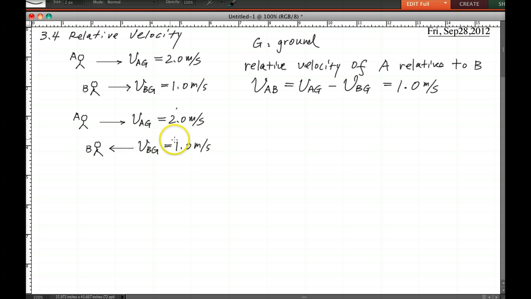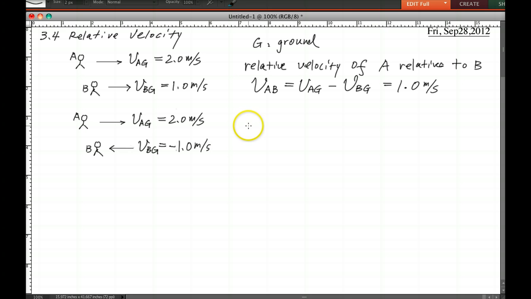Since the two objects are moving in opposite directions, and VAG is 2.0, do you have to change something in VBG? You have to make it negative, otherwise you can't describe the situation accurately. Now we can tell the difference: VBG negative means the other direction.